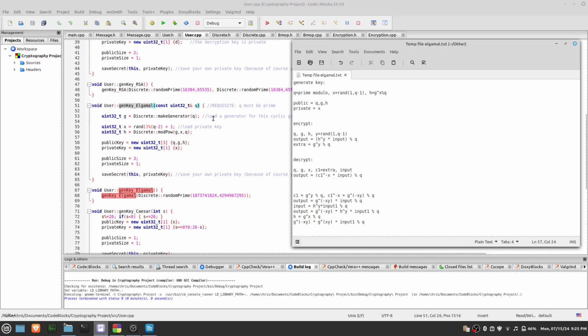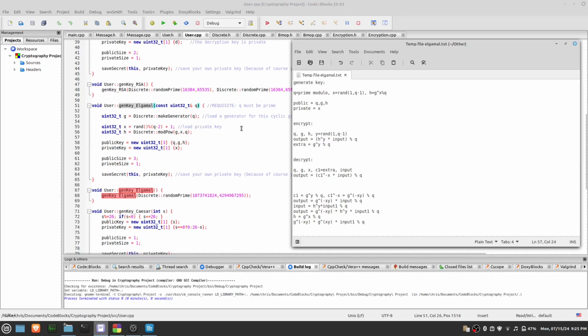You find a generator for it, something where for every number coprime to Q, which is everything but zero, there exists some number that G can be raised to the power of to equal it. So we make a generator for Q, and then X is just some random number between 1 and Q minus 1, so literally any random number modulo Q that isn't 0.